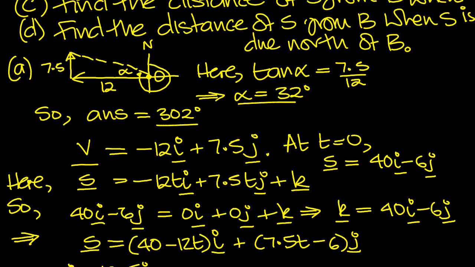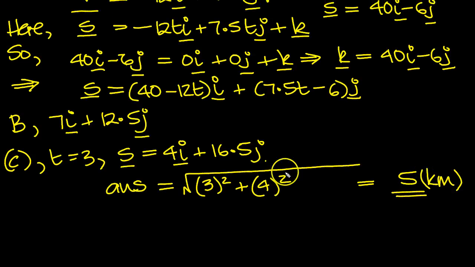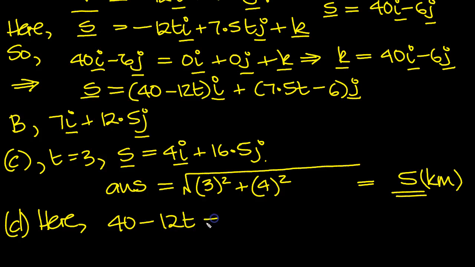Find the distance of S from B when S is due north of B. So when S is due north, to be due north, the x component must be 7i. So this, 40 minus 12t, must equal 7, mustn't it? Because this is the x component, this is the x component, and then they'll be on the same x value, so to speak.